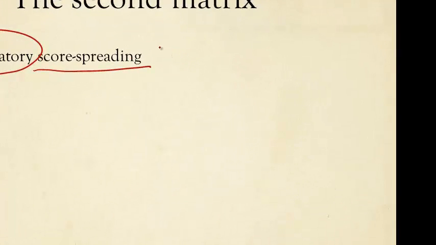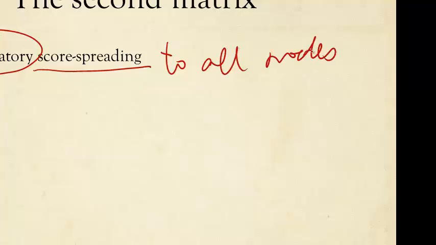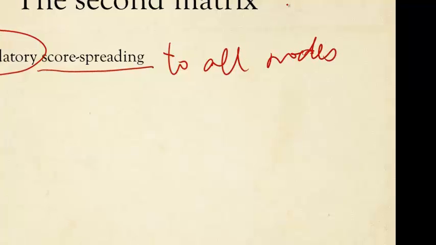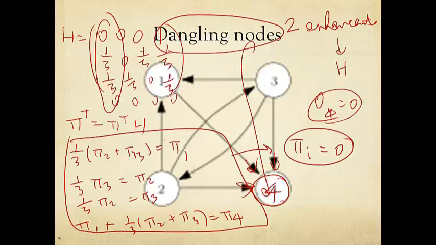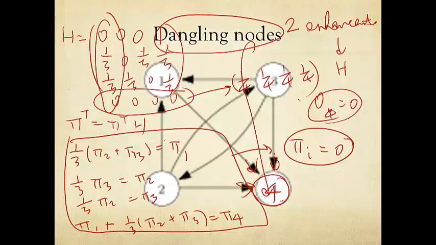You have to spread your importance score, and since you don't tell me which ones you point to, I'm going to say you point to all nodes. Okay? Either all the n-1 nodes, or for simplicity, let's say all the n nodes, including yourself, with a self loop. For example, in the last graph here, instead of this 0, 0, 0, 0, we'll say it must be 1/4, 1/4, 1/4, 1/4.